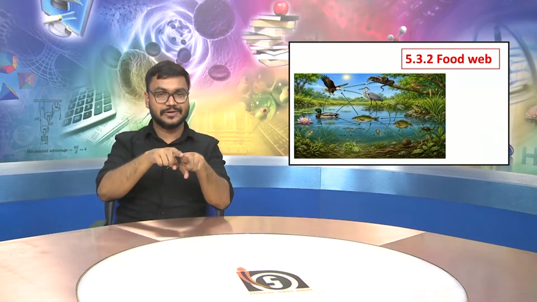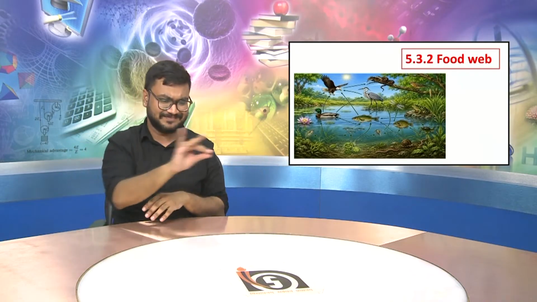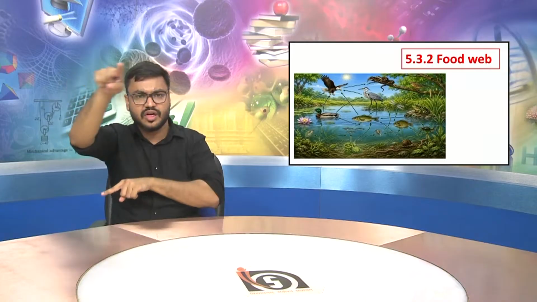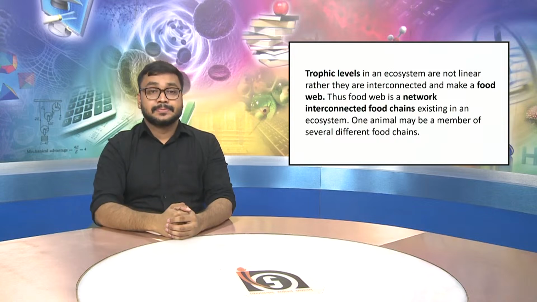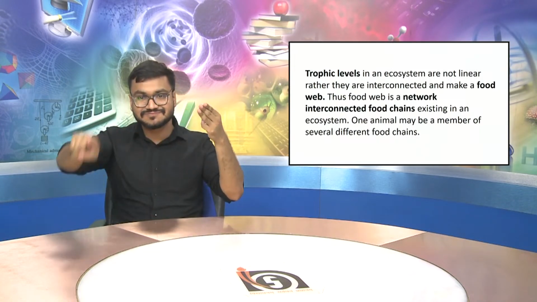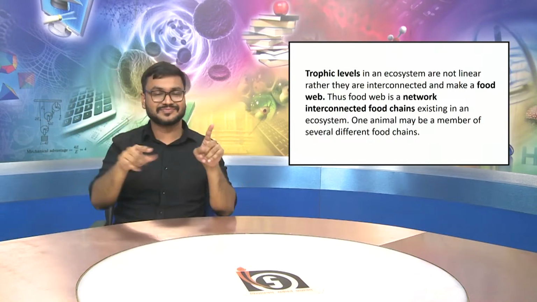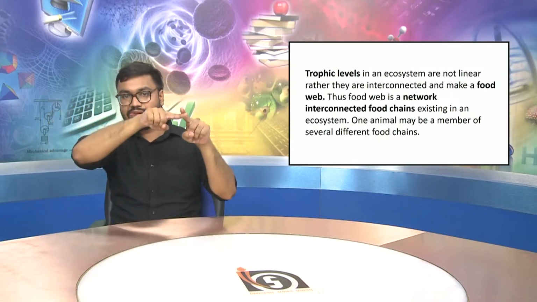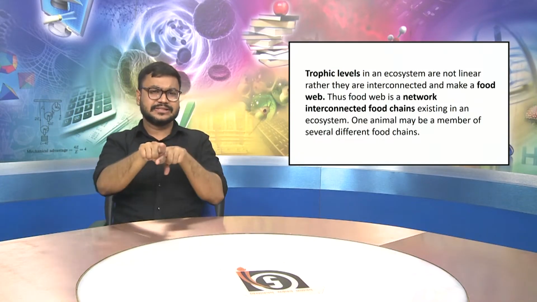5.3.2 Food web. Trophic levels in an ecosystem are not linear, rather they are interconnected and make a food web.